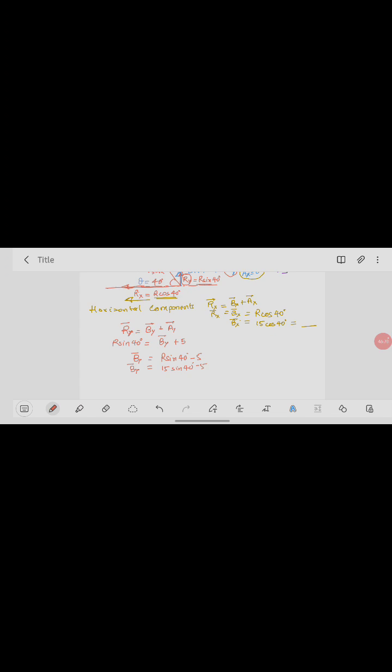So if you calculate all these values, what will you get? Let me put the calculator and I'll calculate for you. If you can do it, it will be good.